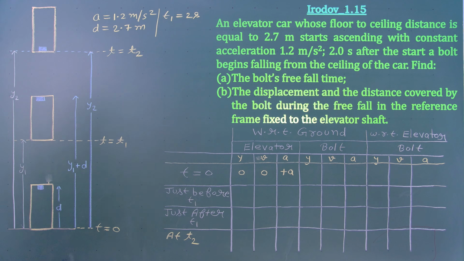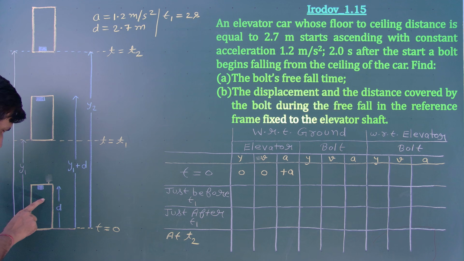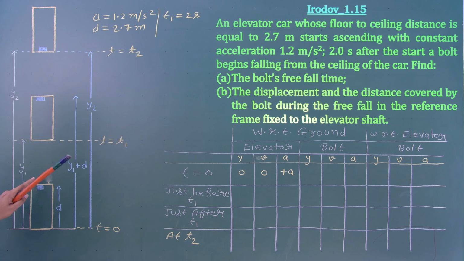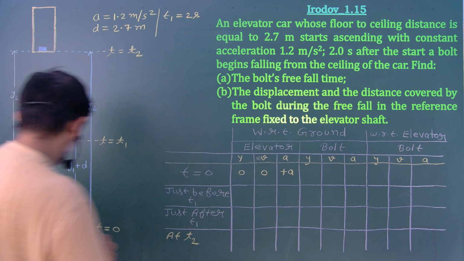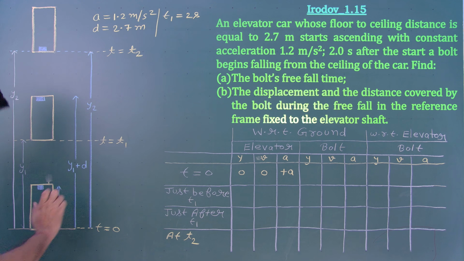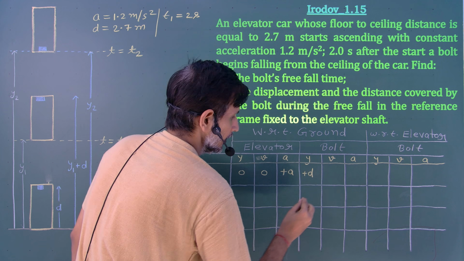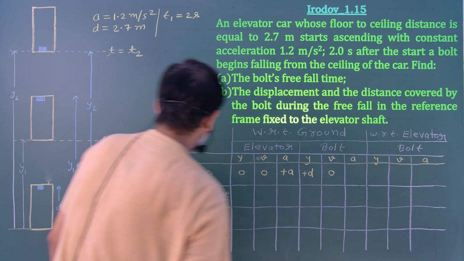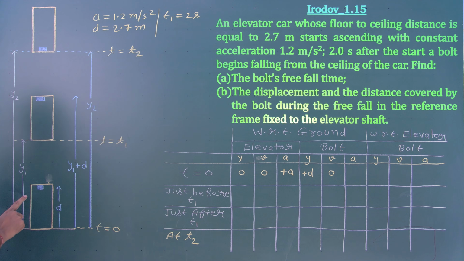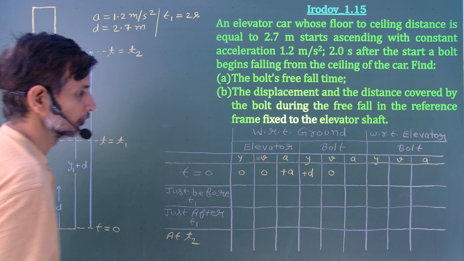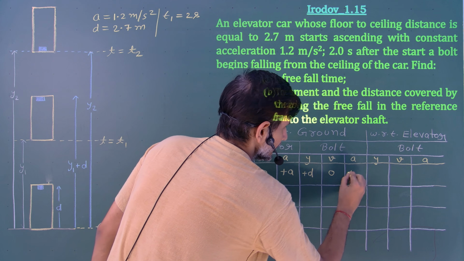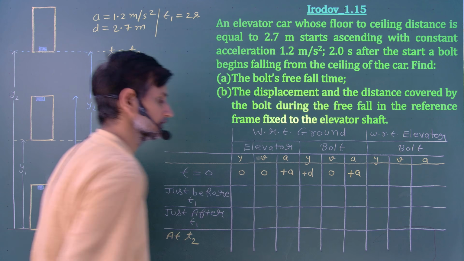Okay. What is the situation of bolt at this moment? Bolt is attached to the elevator, so its position is not 0, its position is plus d. Its velocity is 0 because bolt is attached to the elevator and elevator is at rest. So v equal to 0. Its acceleration is also plus a.